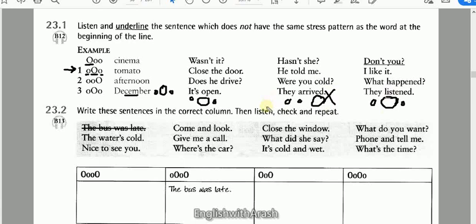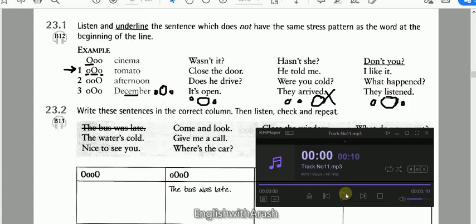Hi Layla. So yeah, I'm going to read that again. December, it's open. They listened. They arrived. Do you want to listen? Example. Cinema. Wasn't it? Hasn't she? Don't you? 1.